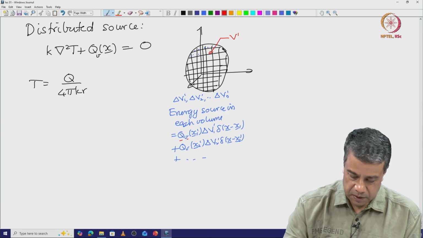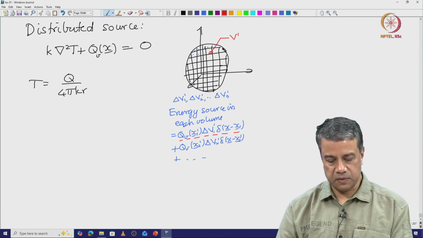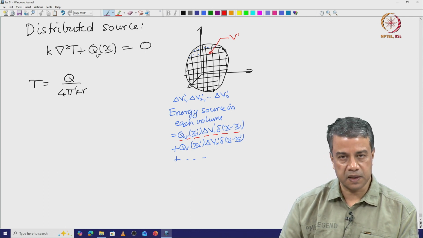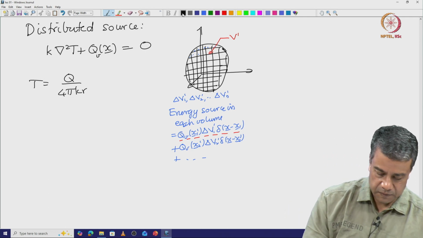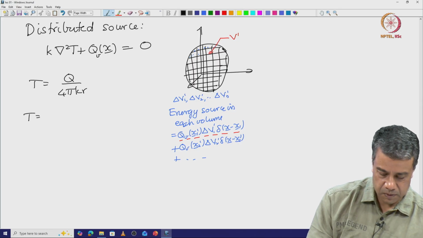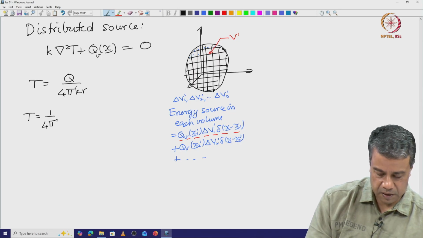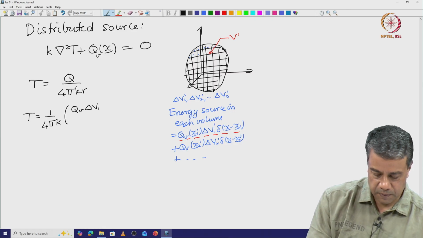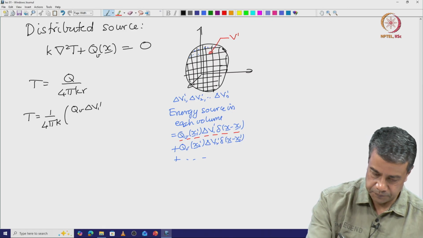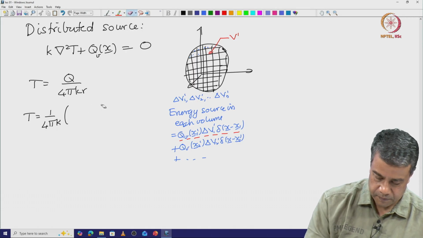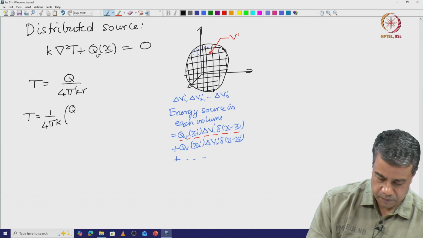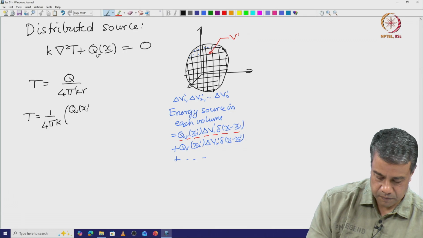For this particular term, delta of x minus x1 prime times QV at x1 prime times delta V1 prime, the temperature will be equal to 1 by 4 pi k into QV delta V1 prime divided by x minus x1 prime.